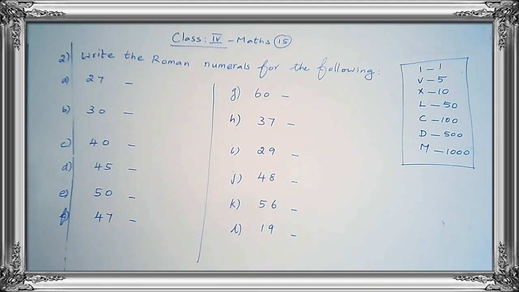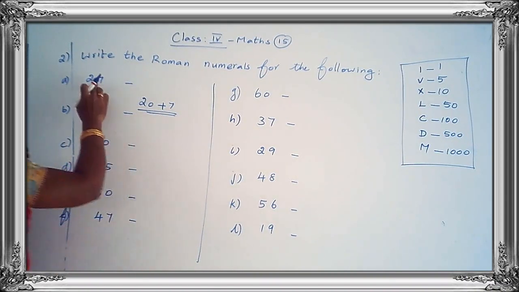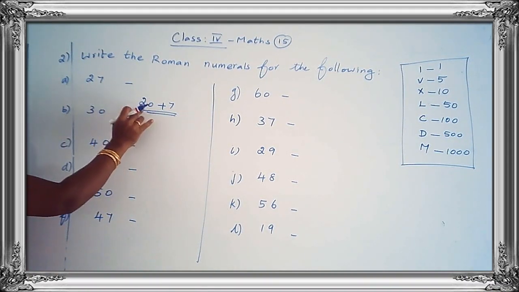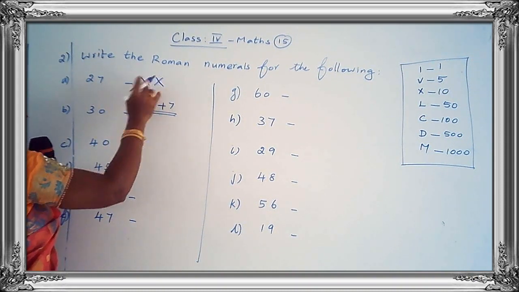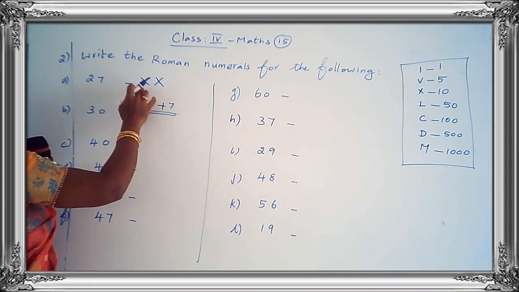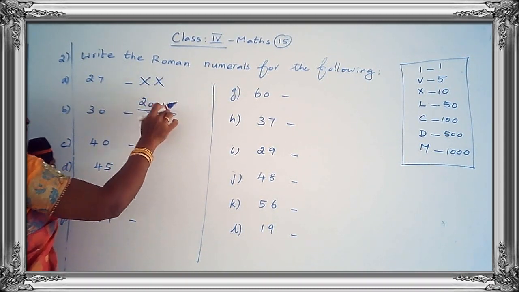27 can be written as 20 plus 7. Here 20 means XX. Here X stands for 10, so 2 times X means 20. Now we need 7.